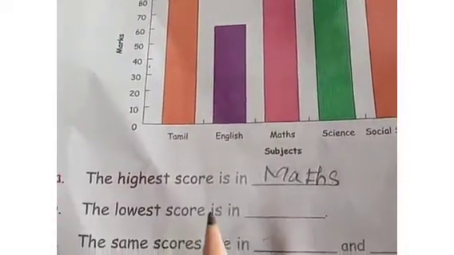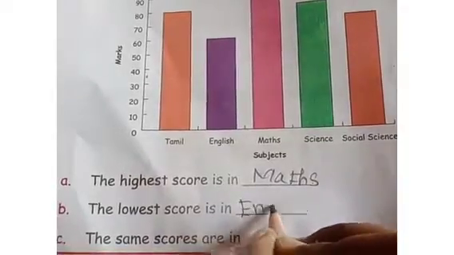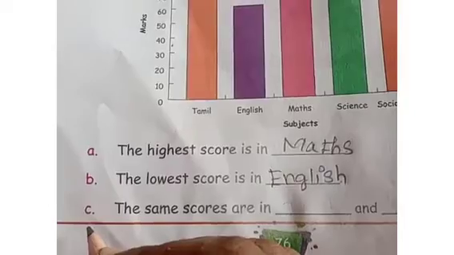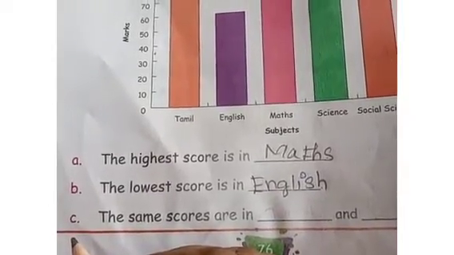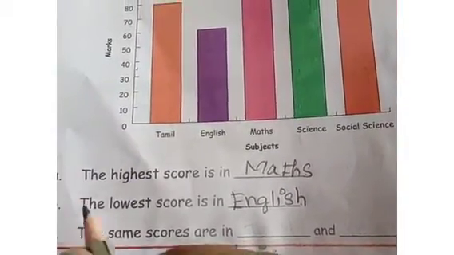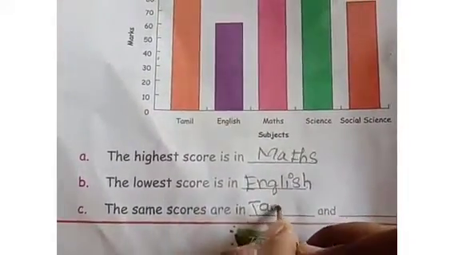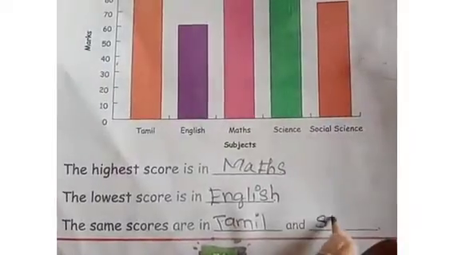The lowest score is in English. Third question, which subjects have the same score? Tamil and Science have the same scores. The same scores are in Tamil and Science.